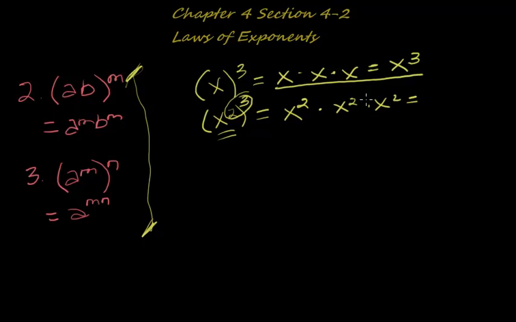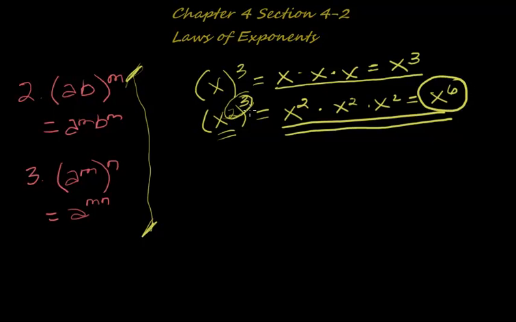Now 2 plus 2 plus 2 is x to the 6th. The only way that we can get that is not by adding these, because if we added 2 and 3, we would get 5. But now we have proven, beyond any doubt, that the correct answer here is x to the 6th, which means when we raise a power to a power, we multiply the exponents.